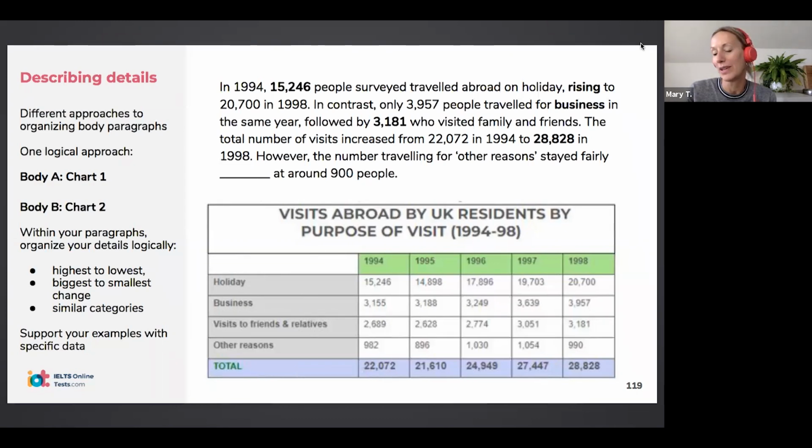Because it's conflicting, it's something slightly different, you can use the word however. So however, the number traveling for other reasons stayed fairly low. Yes, it is low. I mean, you could say that, or constant. Steady makes sense. Steady is the same as constant, so it didn't really change, in other words. Good.